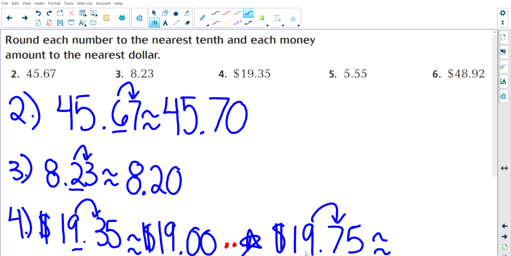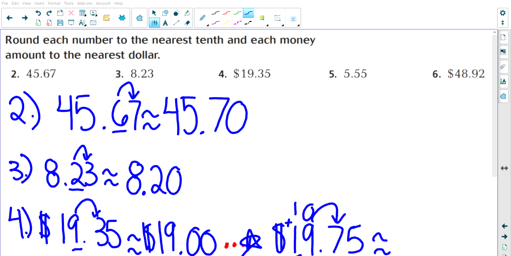I want you to think back to when we first did this unit on rounding. What do I do when I need to make my rounding digit from a 9 to a 10? What we need to do is treat this like regrouping, as if we were adding. The 9 is going to become a 0, and I'm going to add one more onto the next digit, which would make this 1 plus 1 over here, which is going to equal 2.